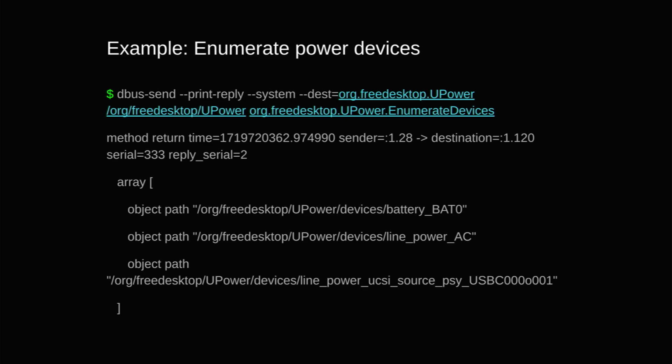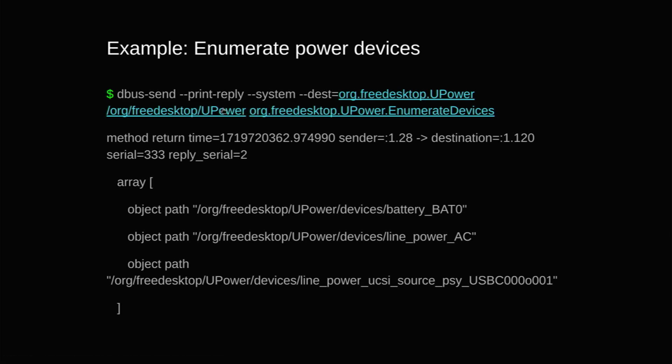I'm going to have an example here. For example, I try to get all of the power devices of this laptop. We understand that the UPower daemon manages the system's power devices. It registers a bus name org.freedesktop.UPower, so it is the destination bus.